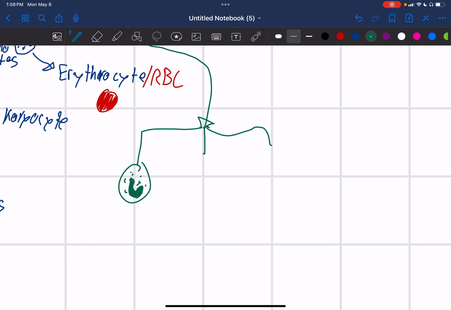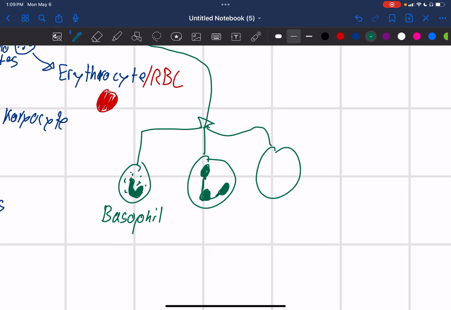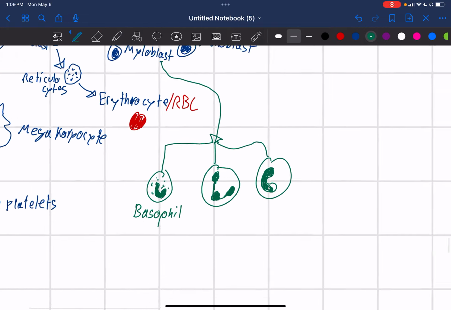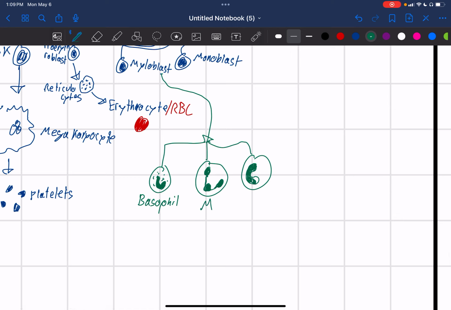And then we also have, let me write right here, basophil, and then we have our neutrophil, right? It goes like this. And then we have our eosinophils.